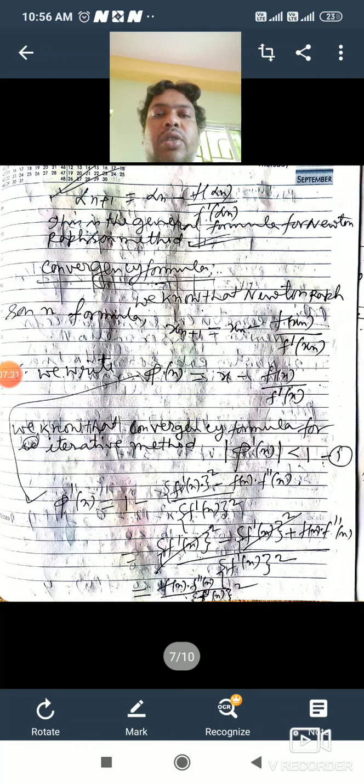Now we discuss the convergence condition for the Newton-Raphson method. We know the Newton-Raphson formula x(n+1) = xn - f(xn)/f'(xn). We write φ(x) = x - f(x)/f'(x). We know that the convergence condition for an iterative method is |φ'(x)| < 1.